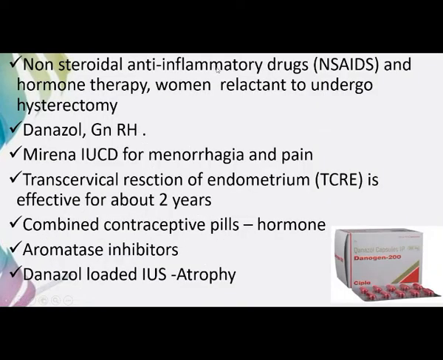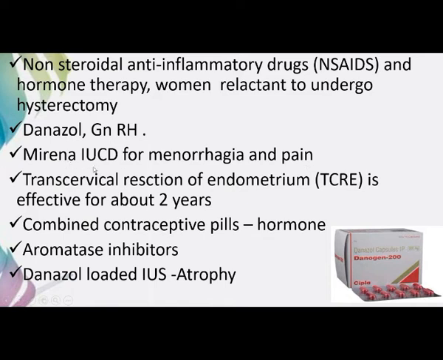Then non-steroidal anti-inflammatories, that is NSAIDs, and hormone therapy for women reluctant to undergo hysterectomy. Then danazol, gonadotropin releasing hormone can be given, and the Mirena intrauterine contraceptive. We just now saw the intrauterine contraceptive device; the name is Mirena, an intrauterine device for menorrhagia and pain.